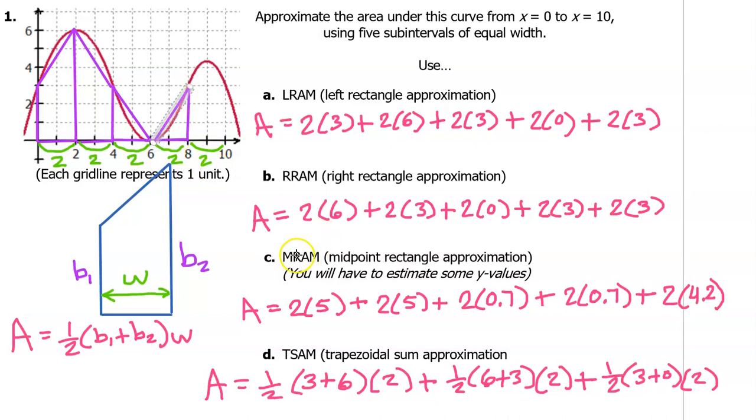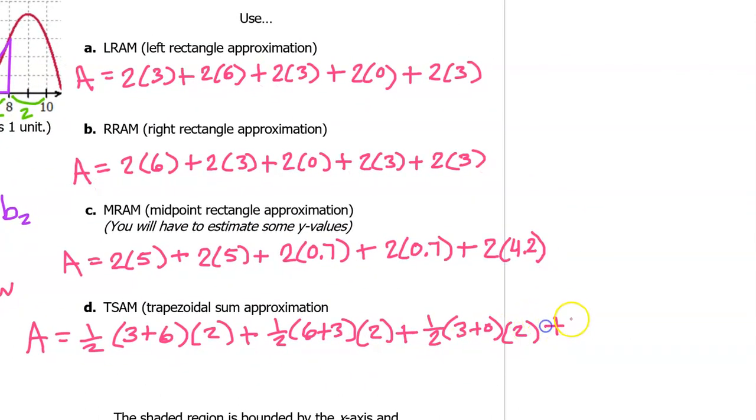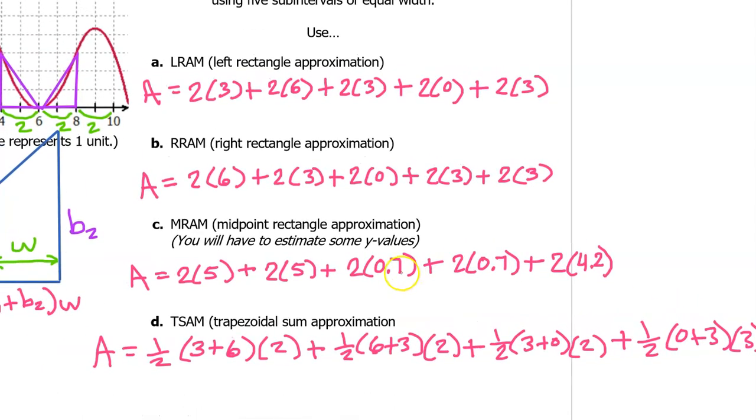So same deal. We will look at this as base 1 and base 2, where base 1 just happens to be 0, while base 2 is 3. So here we go. That's going to be plus 1/2 base 1 of 0 plus base 2 of 3, and then times that width. So now we can draw our final trapezoid.